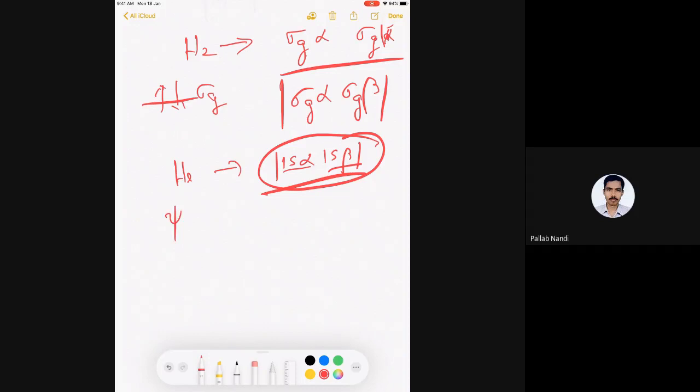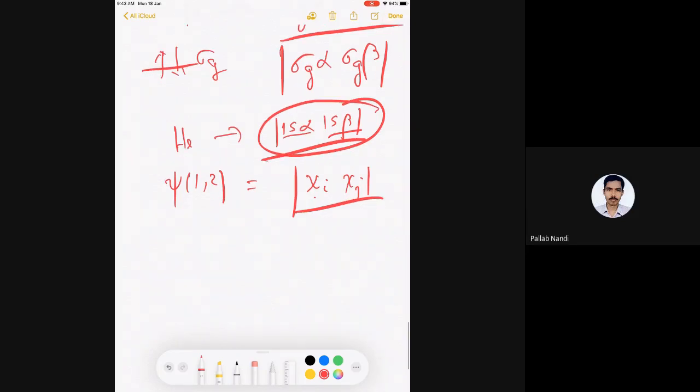But let me come back to the discussion that I have a psi I(1, 2), and they are chi I, chi j. So I think I am very clear now what I'm trying to tell you, that these are the two spin orbitals, one of them is chi I, one of them is chi j, and you can write it in determinant form. Okay.